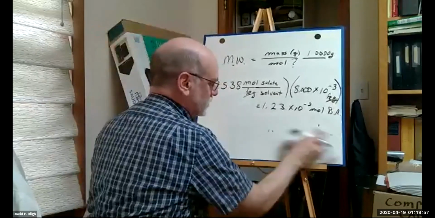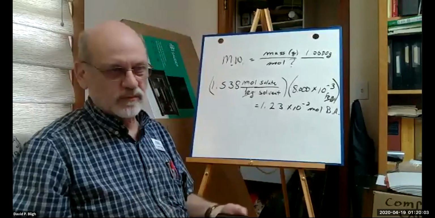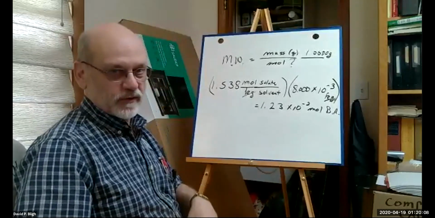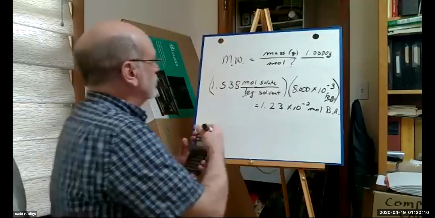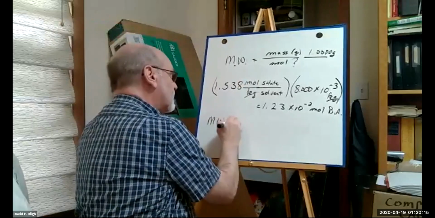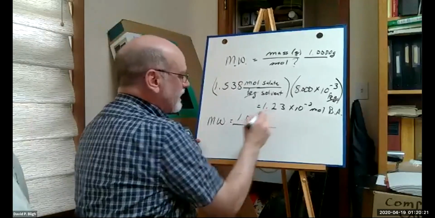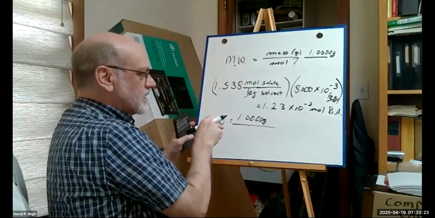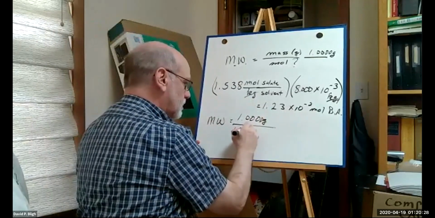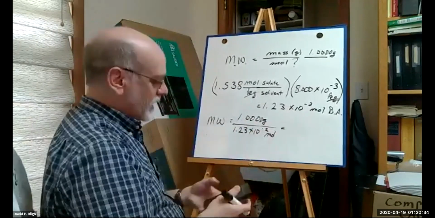Now it's simple. Actually, we could make it simpler, but it requires some more math. And I'm trying for understanding now, not for math gymnastics. So, for the molecular weight, if we have 1 gram, and that 1 gram is the same as that many moles, there we have our calculation, right?